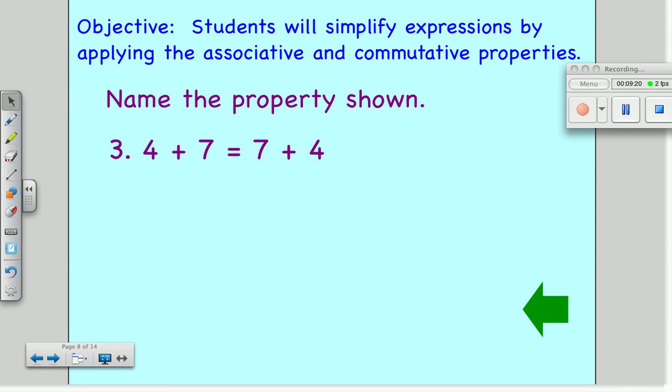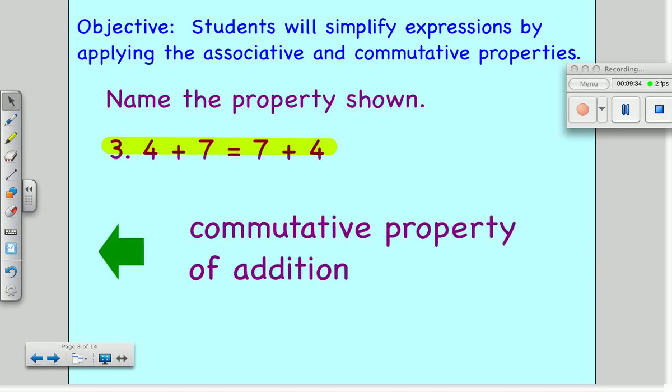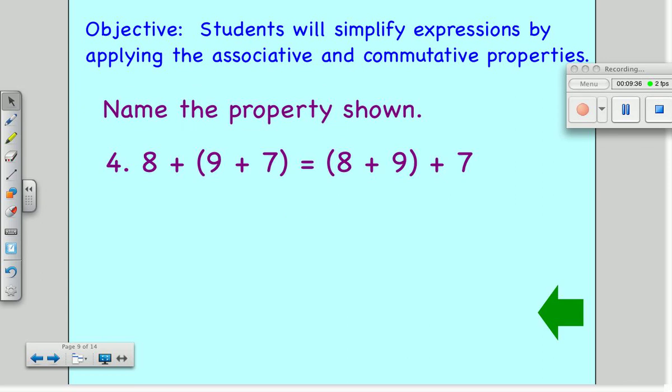Number 3, 4 plus 7 is equal to 7 plus 4. Again, just write the problem. And this should be the commutative property of addition. Number 4, 8 plus 9 plus 7, where the 9 and 7 are grouped together, or 8 plus 9 plus 7, where the 8 and 9 are grouped together.